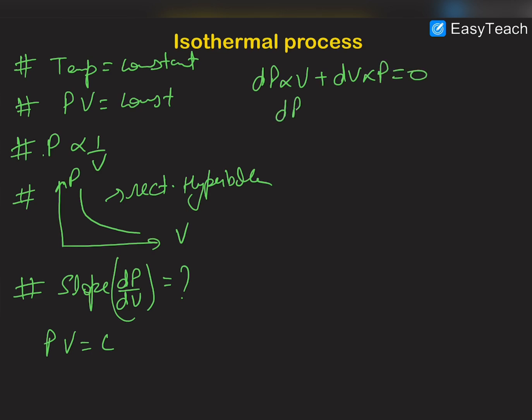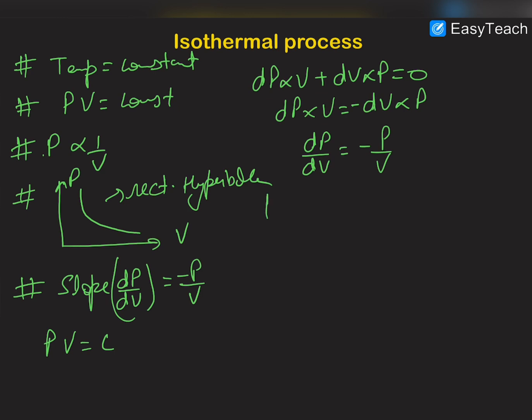So dP into V is equal to minus dV into P. So dP by dV will be equal to minus P by V. So slope of isothermal process is minus P by V.